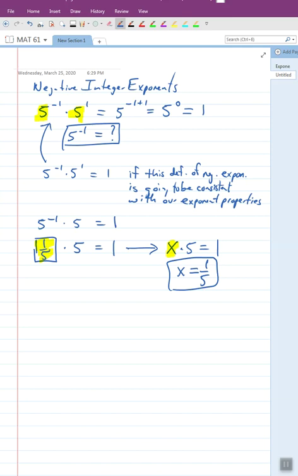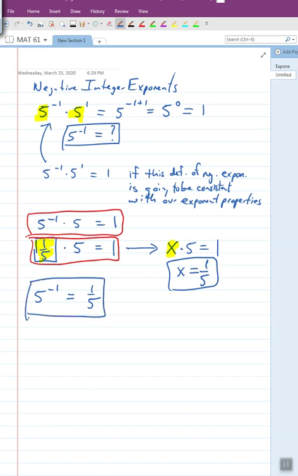Everybody agree with that? Okay, now, if this has to be true, and we know this is true, then what does that say about 5 to the negative 1? It has to be equal to 1/5. With me so far?